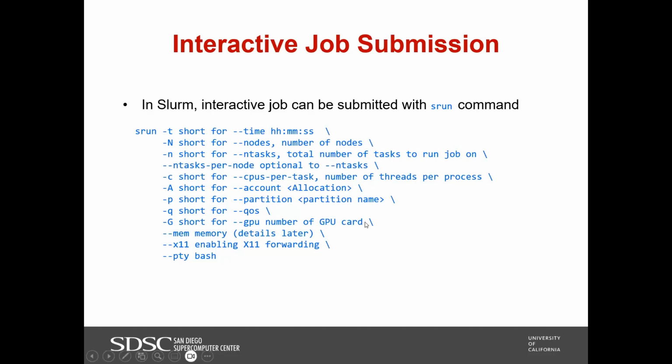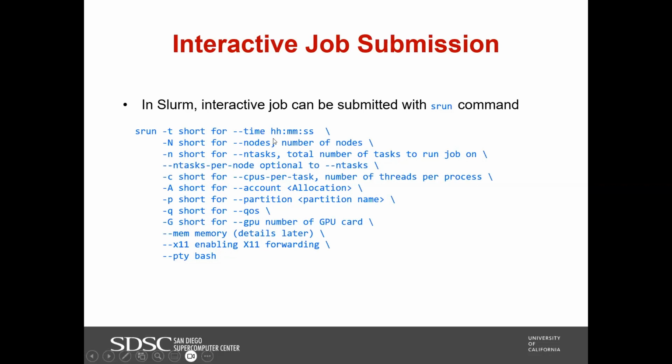So what is the srun command? It needs many options, and I listed here some very basic and important options you should consider specifying, like -t, which is short for time. You can use the short option or the full option as you wish.